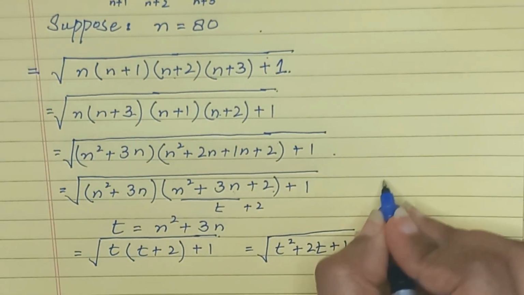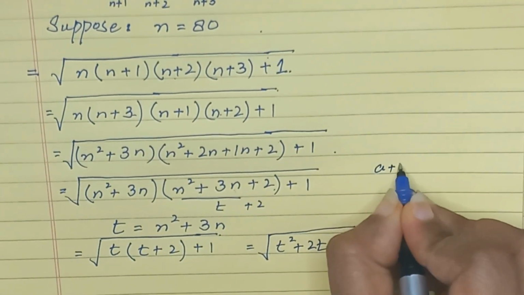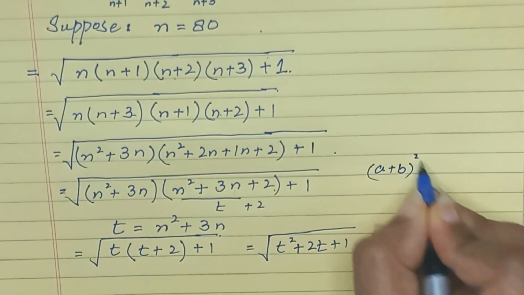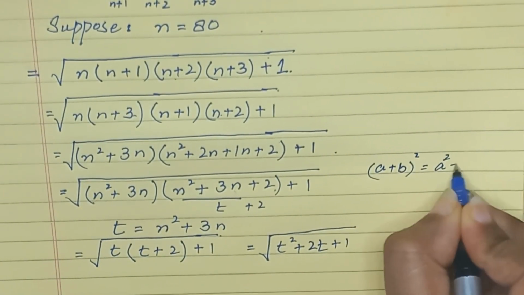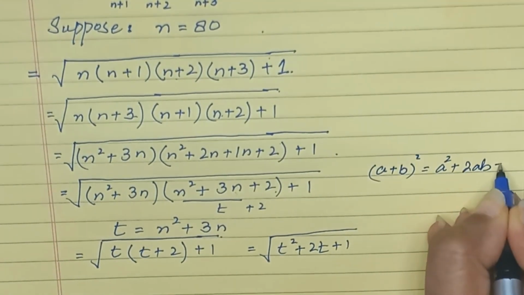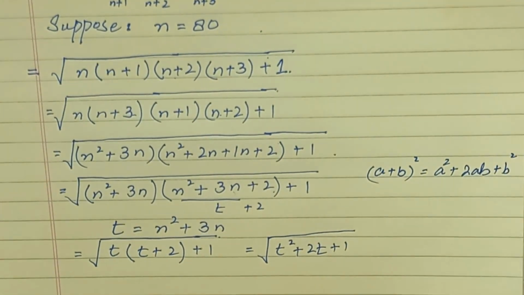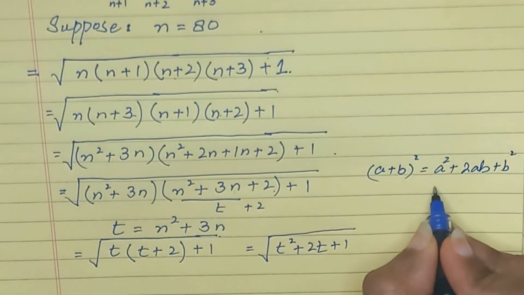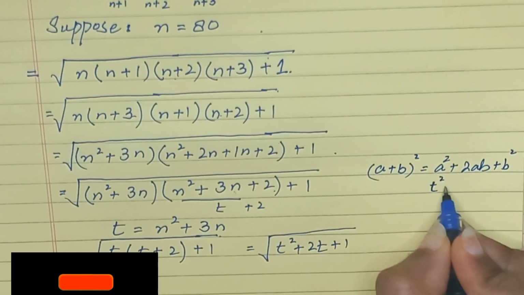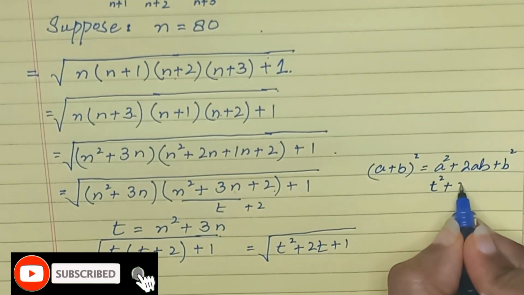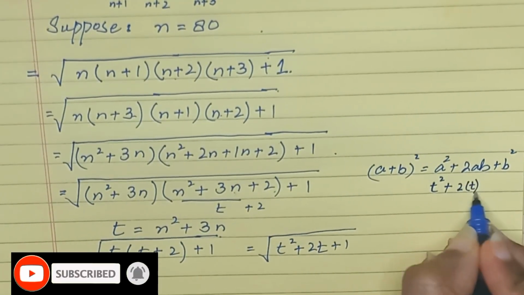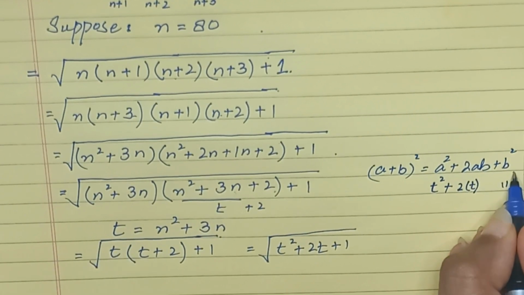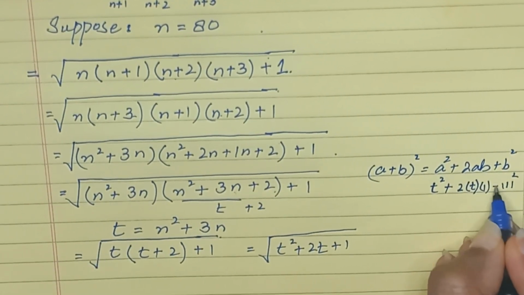As we know that a plus b whole square is equal to a square plus 2ab plus b square. So if we compare it, it is t square plus 2 into a is t and b is 1, square, and here b is 1.